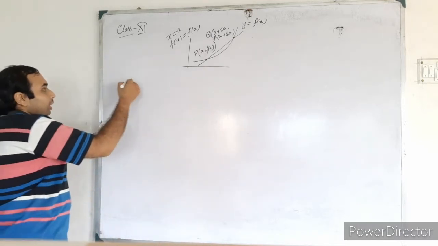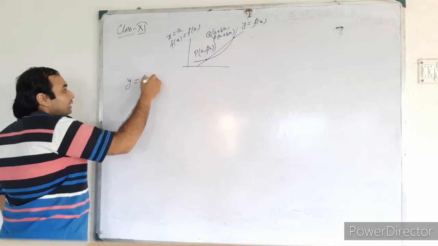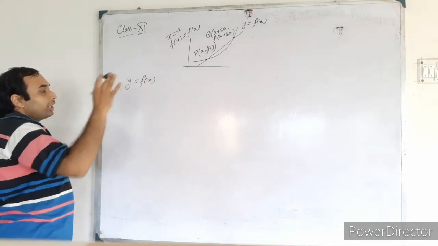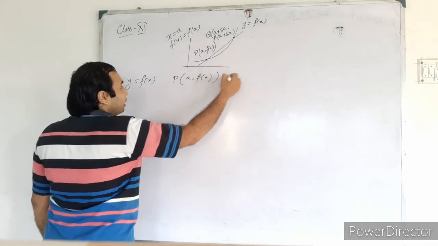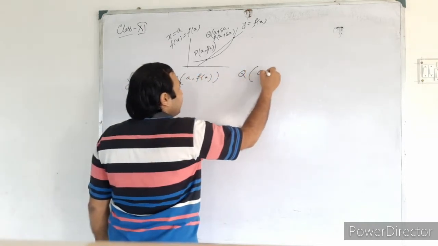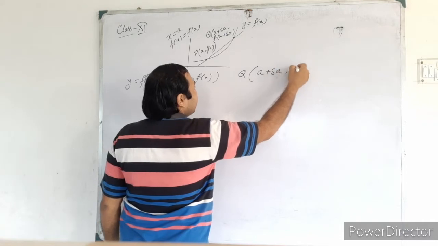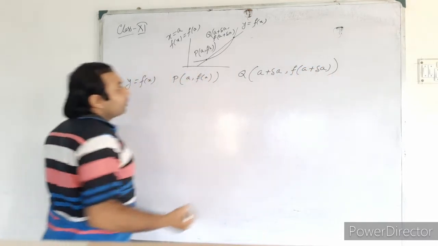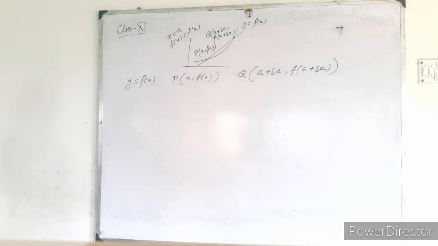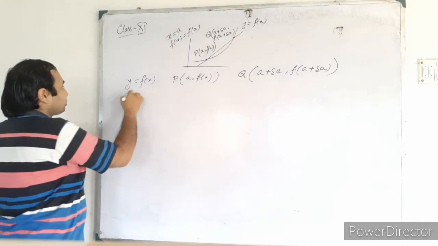So what we have done: y equals f(x) is the curve here. We have taken two points, P (a, f(a)) and another point Q (a plus del a, f(a plus del a)). We have joined the line PQ.